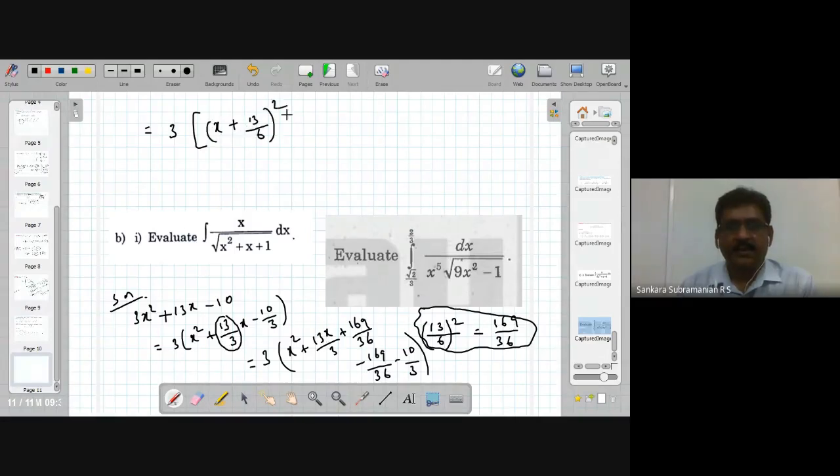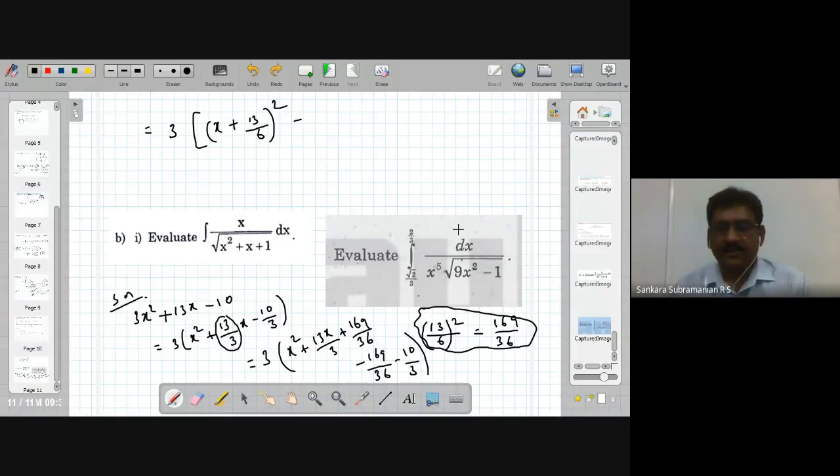Reason: a square is there, 2ab, 2 times of this, you get 13 by 3 x plus b square, 13 square by 6 square is also available, right? And minus 10. So 169 by 36 minus 10, the LCM is also there.